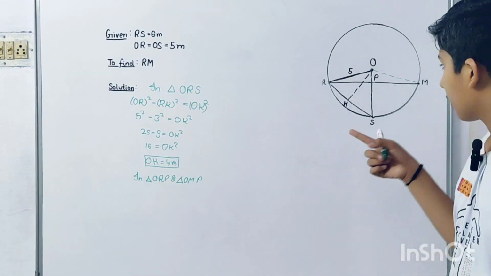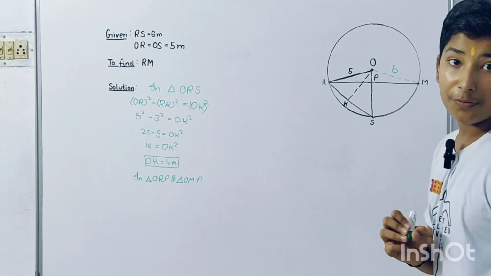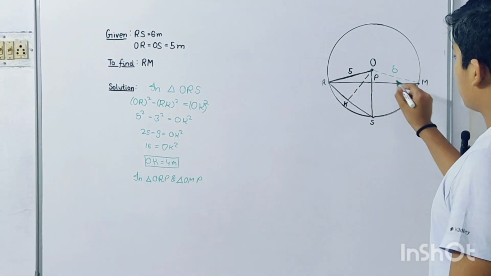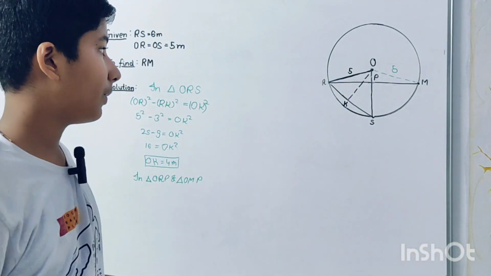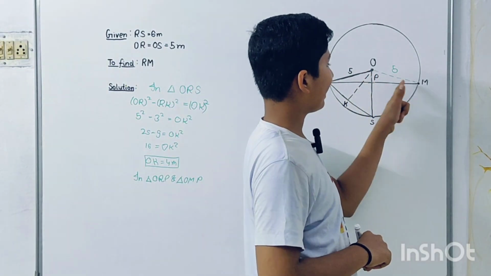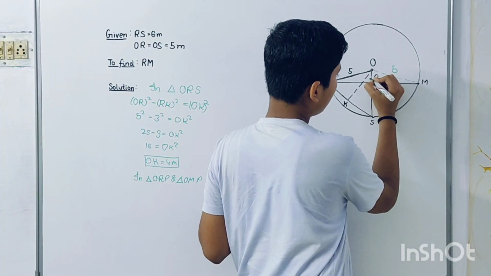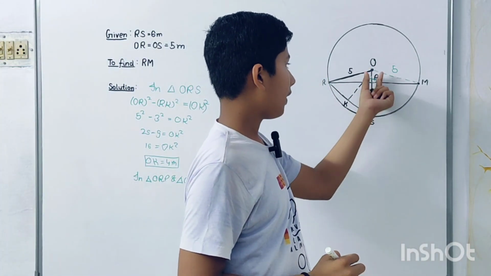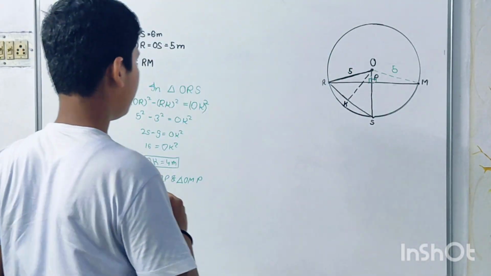That was my mistake. Here this is 5, so this will also be 5, because both are radii of the circle, which is 5 meters. One side is equal, this side is common, and these angles are 90 degrees, since we have drawn this perpendicular.